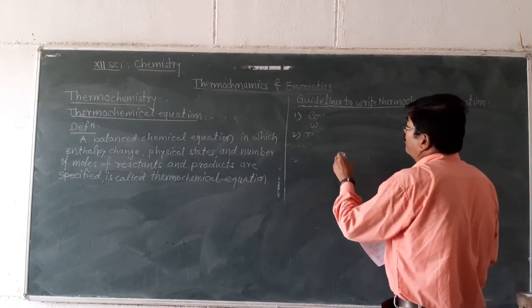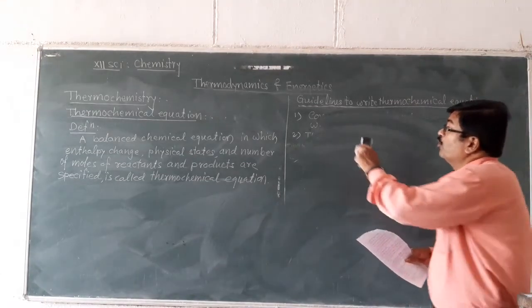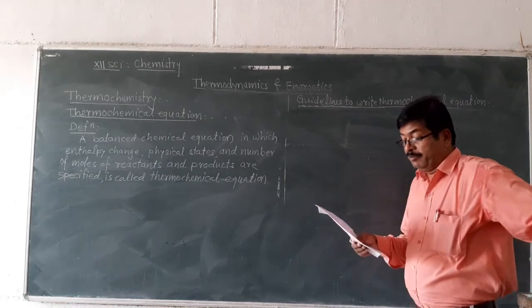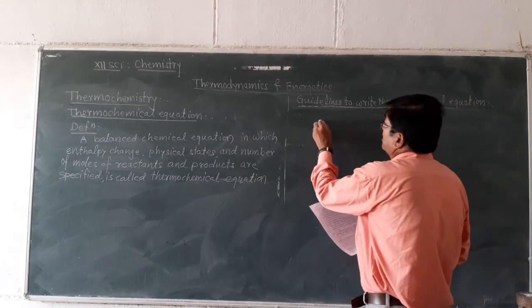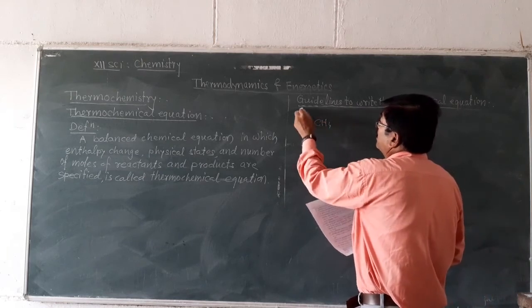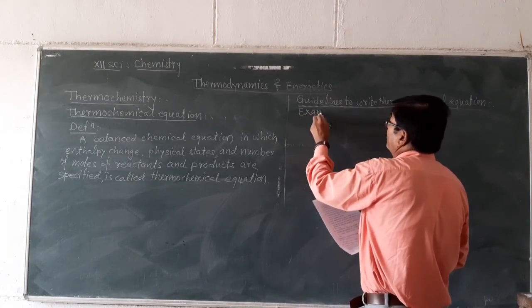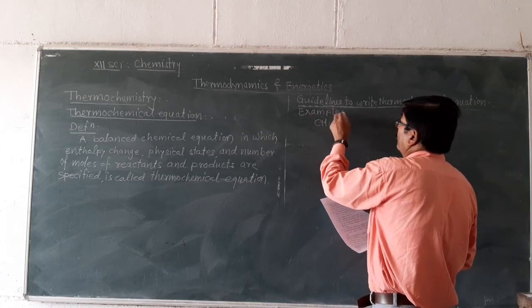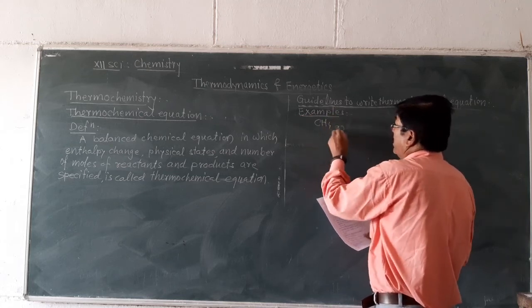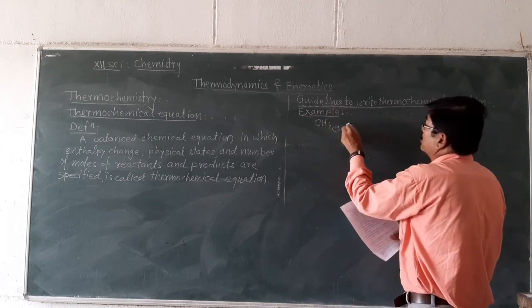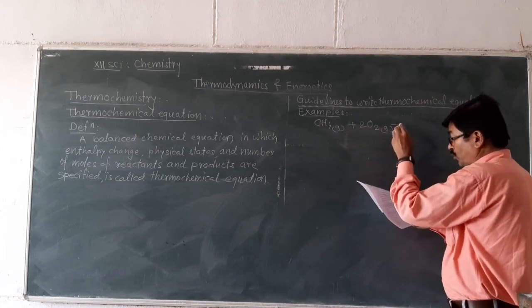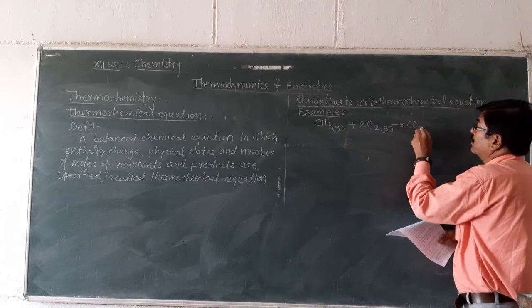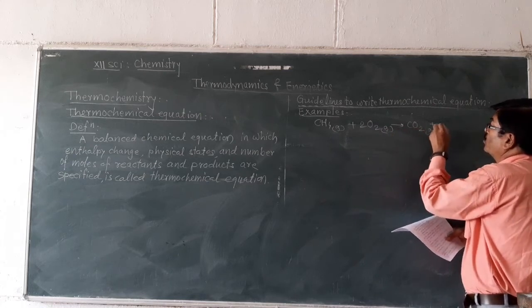There are some examples of thermochemical equations which are written by following these rules. First, CH4 gas plus 2O2 gas to give CO2 gas plus 2H2O liquid.